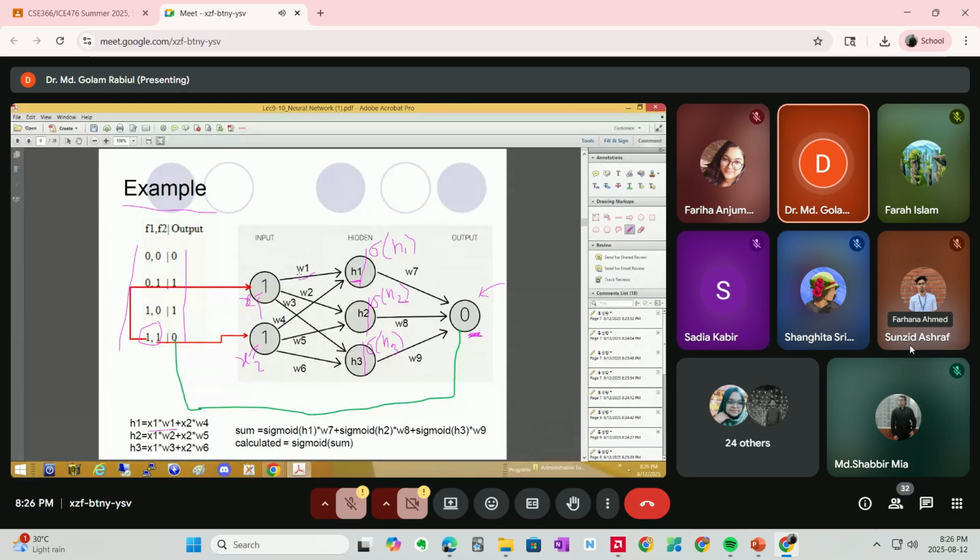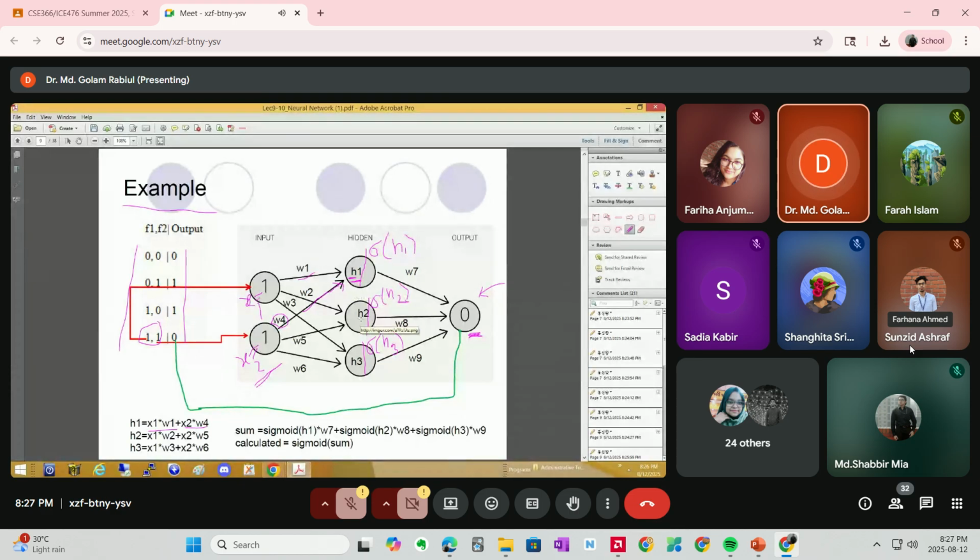This neuron also has another connection, from the other input neuron, X2. So X2 times W4. Adding X1 W1 and X2 W4, we get H1, the hidden layer sum.